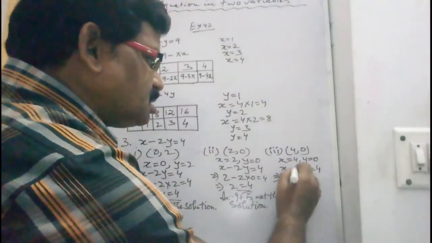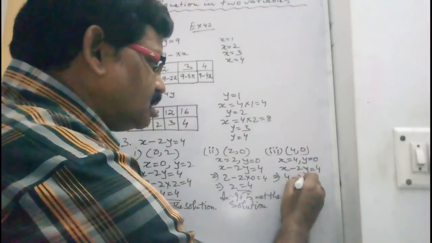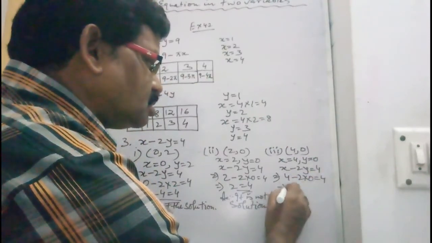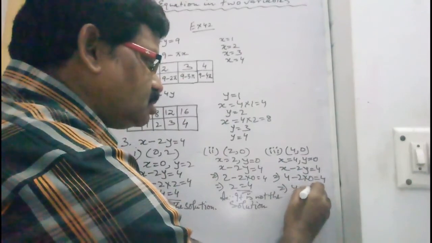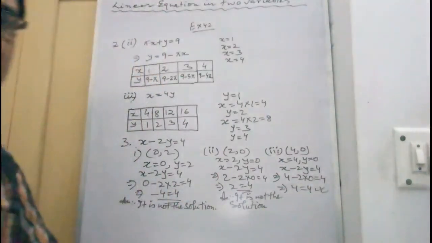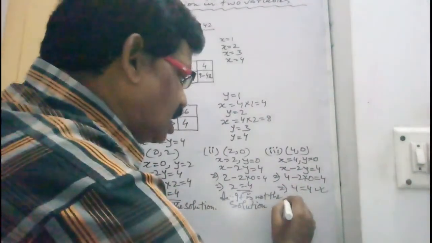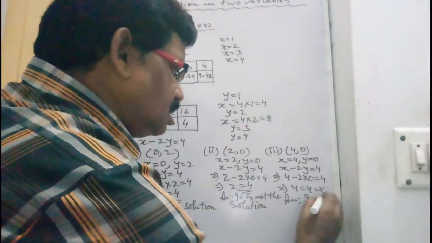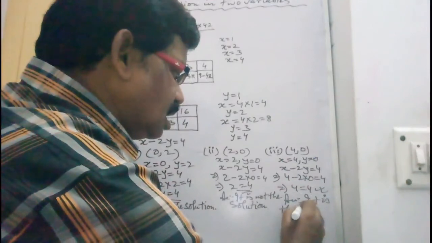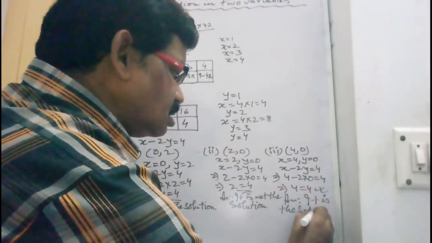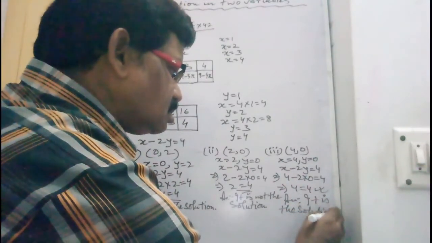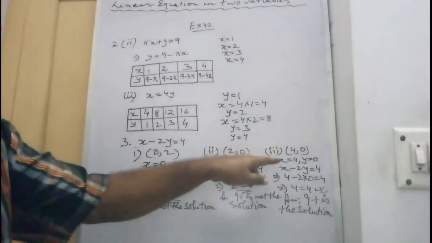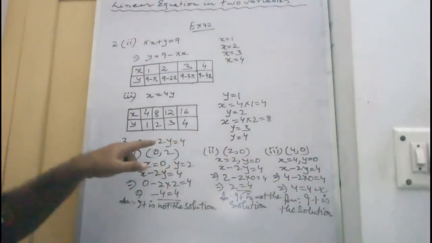Put the value of x and y. 4 minus 2 into 0 equal to 4. So 4 equal to 4. Is this correct? So answer, it is the solution. This coordinate is the solution of that linear equation.